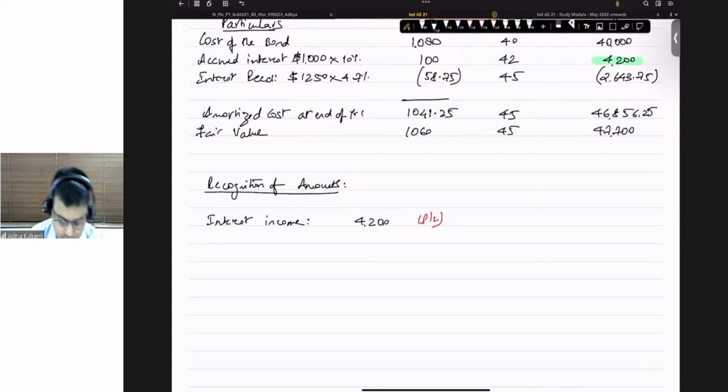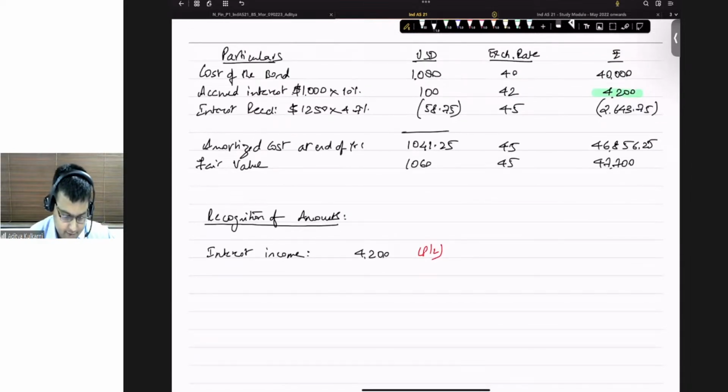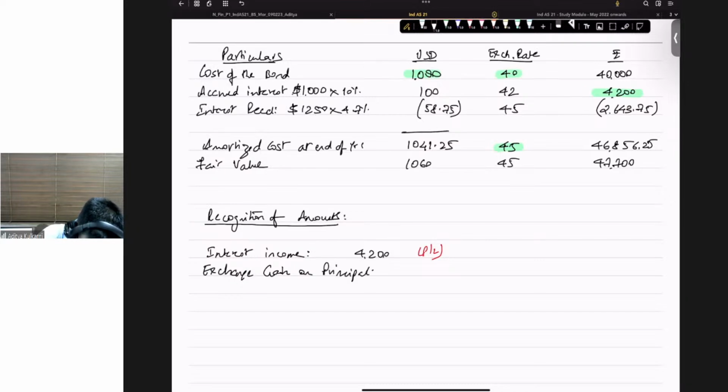Okay. Next, principal amount. It was USD 1,000. Yes. 45 minus 40. So this is exchange gain on principal.